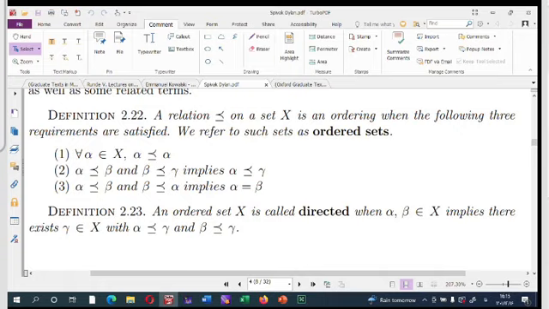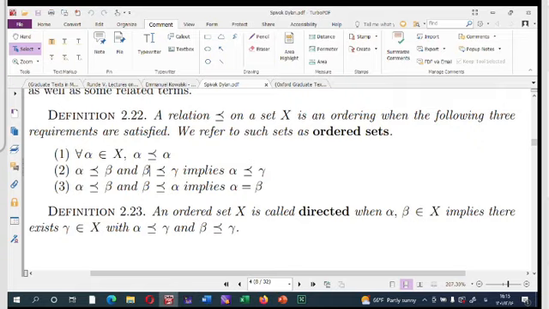So if this relation has these three properties, we say that this is an ordered set.